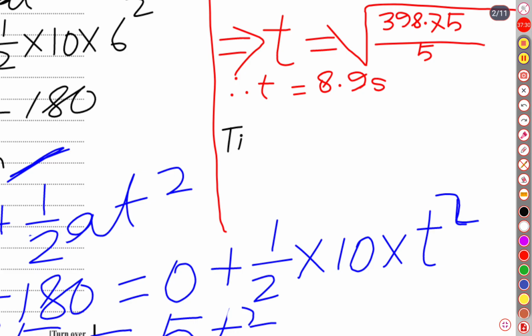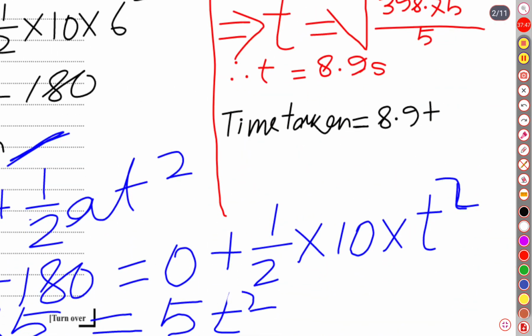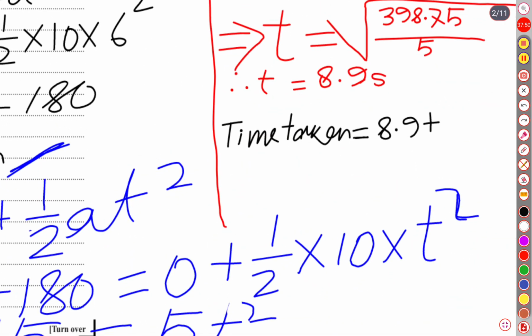Time taken is equal to 8.9 plus, before that it took 6 seconds plus 3.5 seconds. 8 plus 6 is 14, 14 plus 3 is 17, 9 plus 5 is 14, so 18.4 seconds.